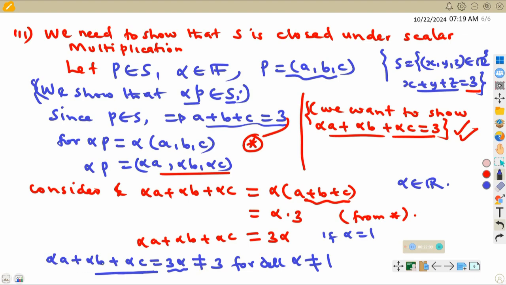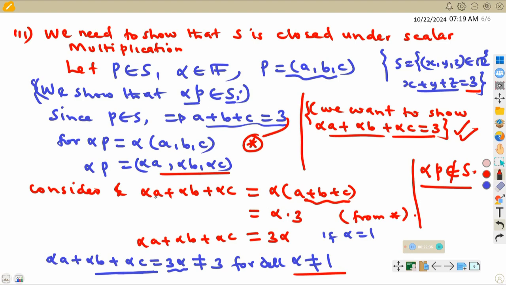So alpha A plus alpha B plus alpha C will be equal to 3 alpha, but this will not be equal to 3 for all values of alpha not equal to 1. And what does that mean? That means that actually alpha P is not an element of S because it does not satisfy this given condition for all values of alpha.